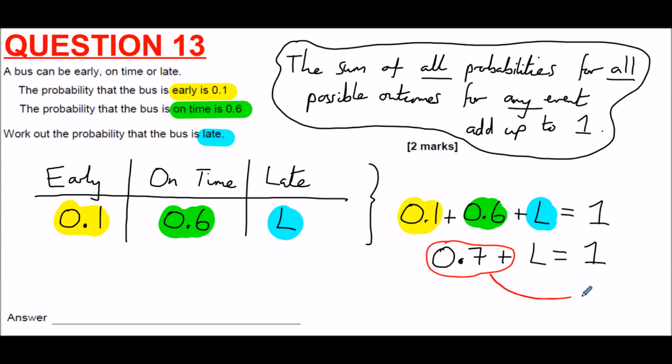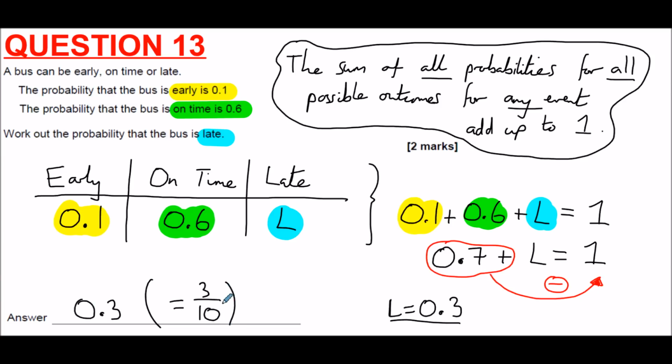Again, it's a case of swapping side and swapping sign. Opposite of adding 0.7 is we can treat that as subtracting. 1 take away 0.7 would leave us with 0.3. So the probability that the bus is late must be 0.3. Now if you wanted to write it as a fraction, you could do. I don't know why you would, but you could say that's 3/10 if you really wanted. So either or.